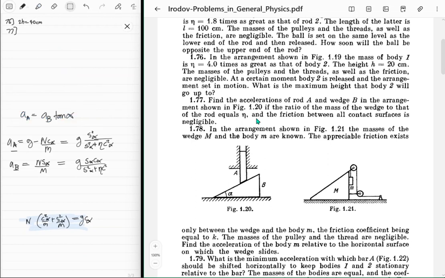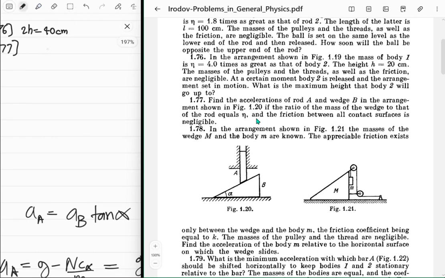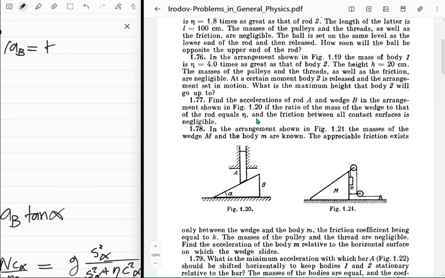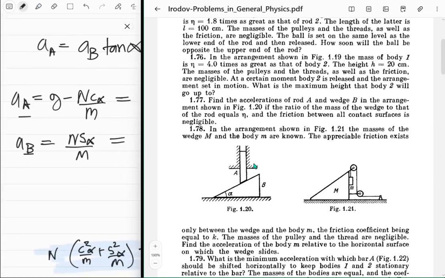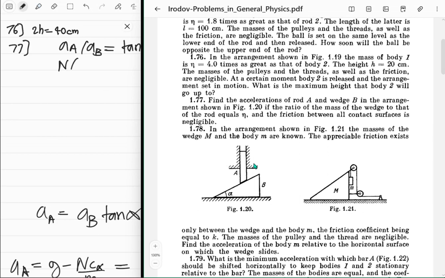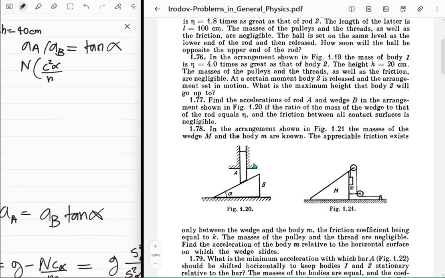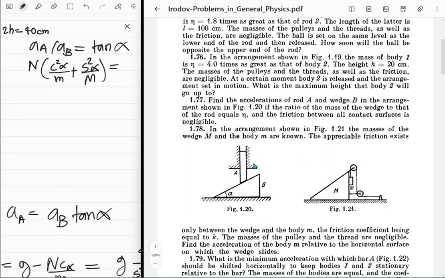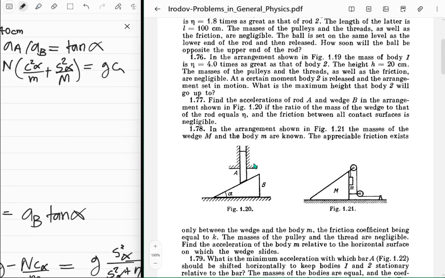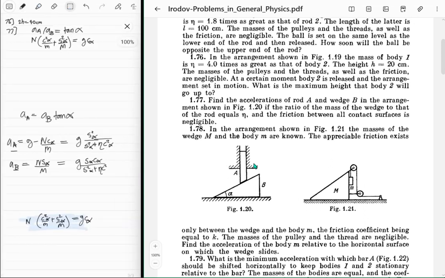And this is also another nice equation: acceleration of A upon acceleration of B is equal to tan alpha. Whenever I encounter this, I can just write this and get it done. And n into cosine squared alpha upon small m plus sine squared alpha upon capital M is equal to g cosine alpha. It's another important thing to remember.